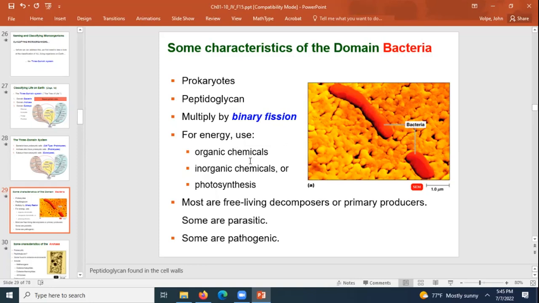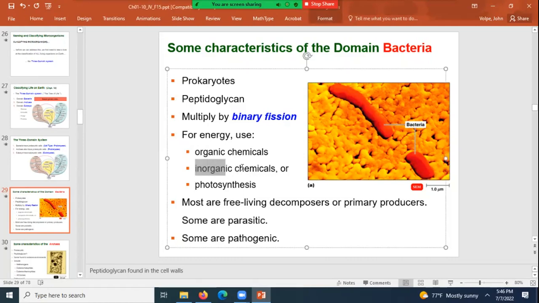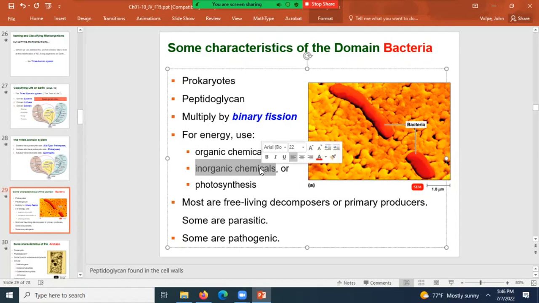But there are members of the domain bacteria which can get their energy need from an inorganic chemical like hydrogen sulfide or sulfate or iron compound. They're using energy from an inorganic chemical. These are the chemosynthetic bacteria. We'll talk a little bit more about them later.